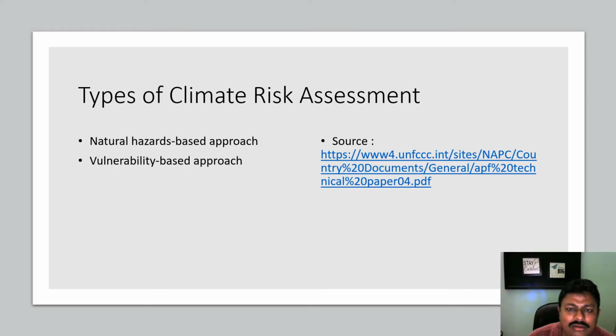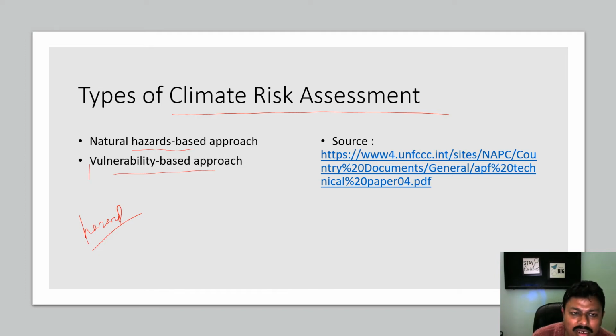And here also climate risk assessment is of two types. One is the natural hazard based approach and the other is the vulnerability based approach. In the natural hazard based approach, you know what a hazard is, which can cause damage. Based on that, if we assess the risk of a location, a region or a system, that is the natural hazard based approach.